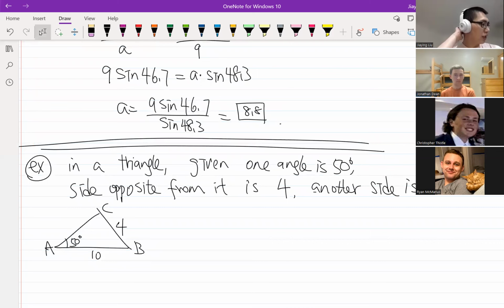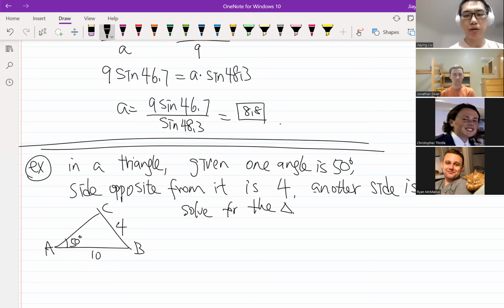Okay, so let's solve for the triangle here. In the setup, 10 is opposite from angle C, so we can find it first. Let's just set it up.